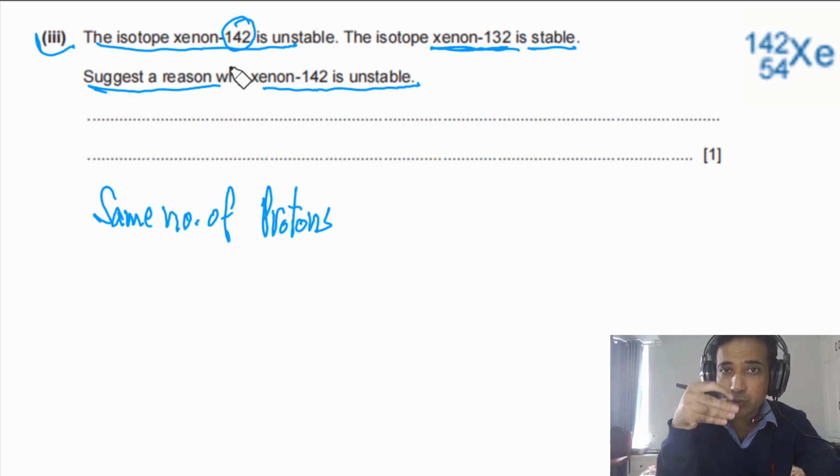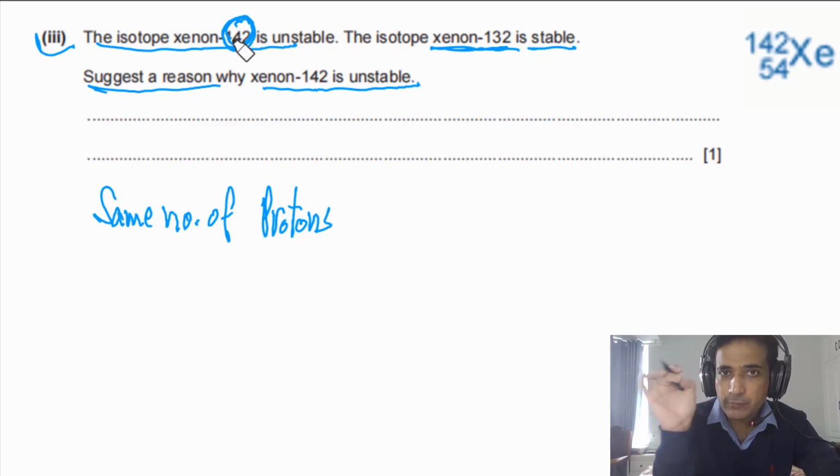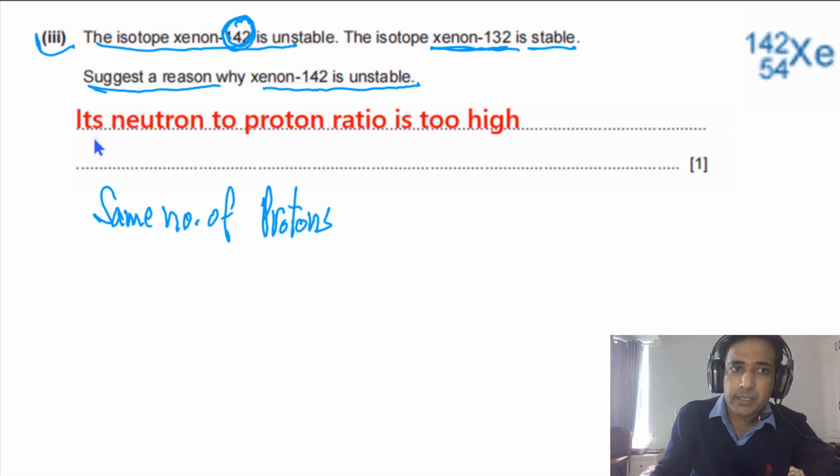As the ratio of neutrons to protons increases, isotopes become more unstable. So we can say the ratio between neutrons and protons is higher for xenon 142. That's the reason xenon 142 is unstable. For the answer, simply say its neutron to proton ratio is too high.